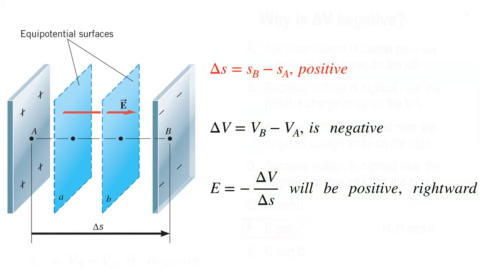So delta V is negative, and that means that this quotient, minus delta V over delta S, will be positive, and for that reason, the vector E points to the right. Now that minus sign is actually quite important, and it's amazing to me to think about minus signs sometimes because in Newton's third law, the key is the minus sign in there.